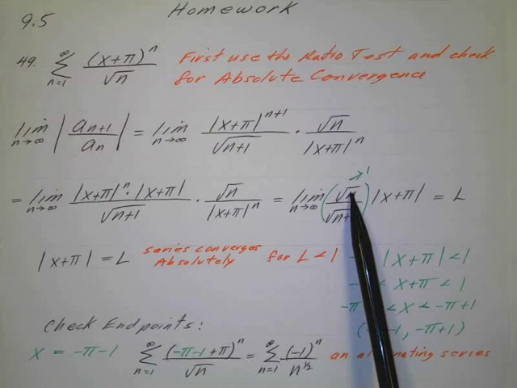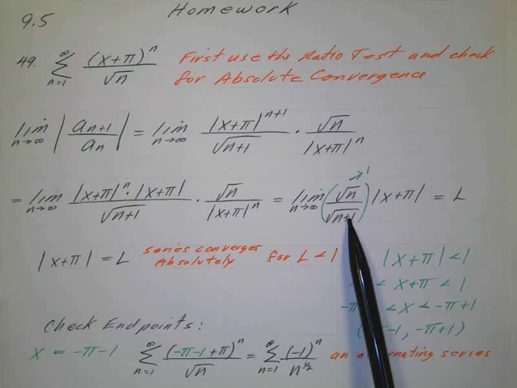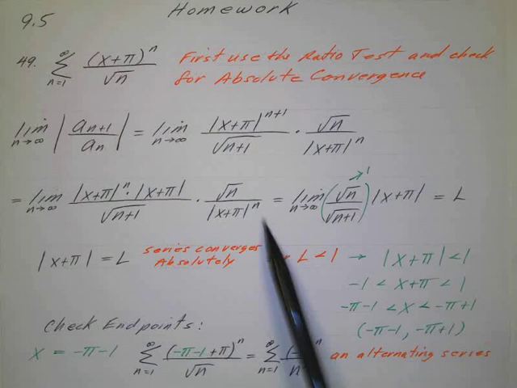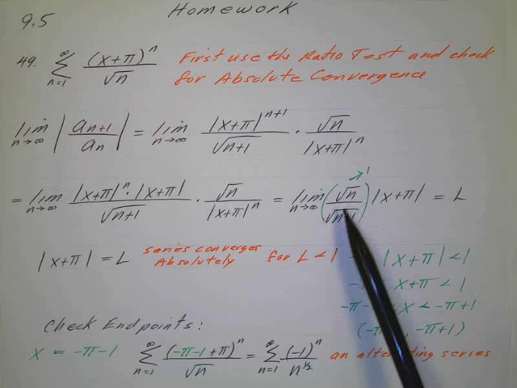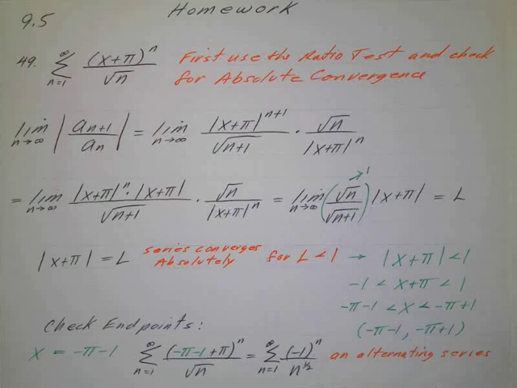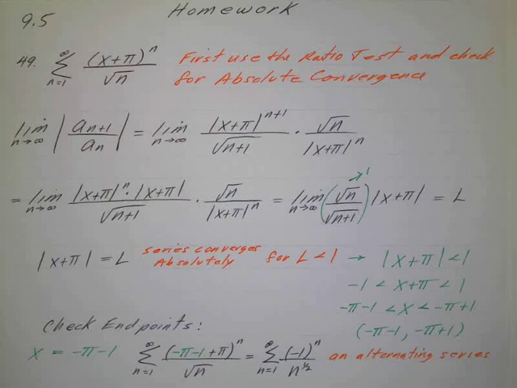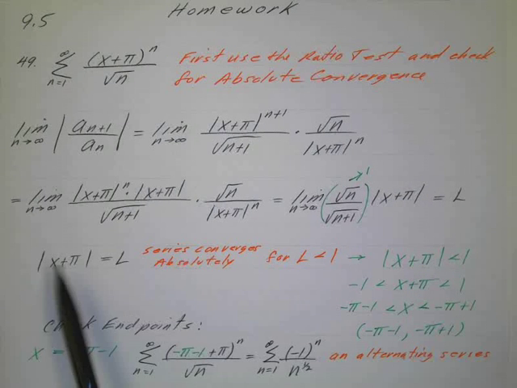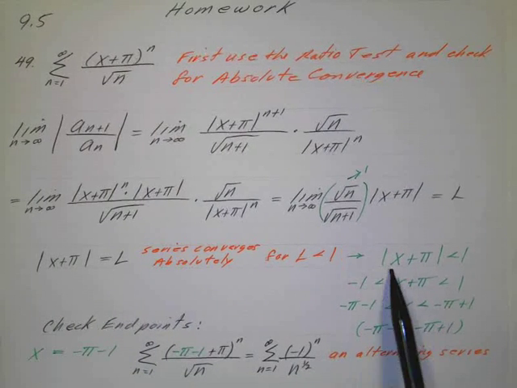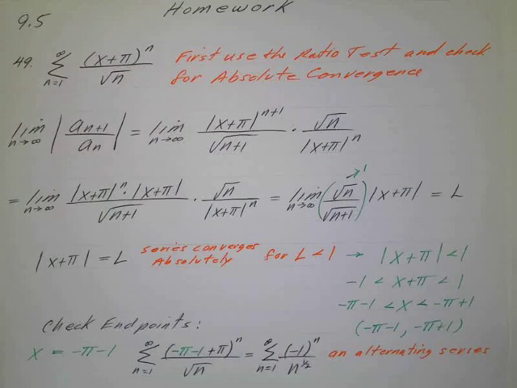So we've got the square root of n over the square root of n plus 1, times the absolute value of x plus pi. This limit will be 1. As n approaches infinity, this 1 becomes insignificant, so I get the square root of n over the square root of n, which indeed will be 1. So this is equal to L. This series converges absolutely for L less than 1, so I set this absolute value less than 1.